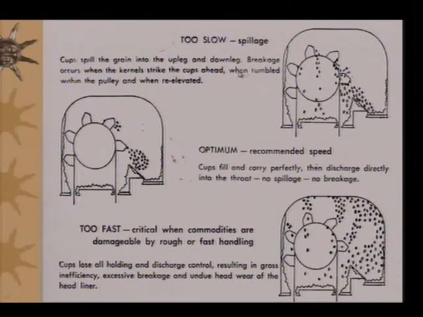The cups spill the grain into the up leg and down leg. Breakage occurs when the kernels strike the cup ahead, when tumbled within the pulley, and when re-elevated. As you find here, at a slow speed it will fall down here, and there will be breakage of grains.